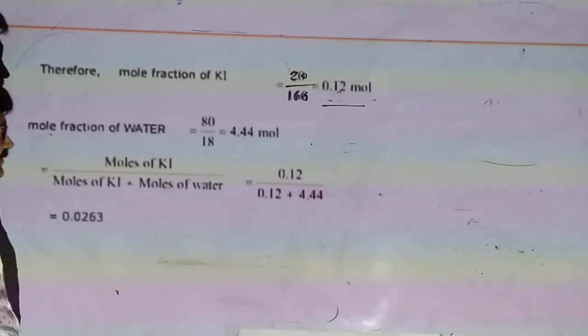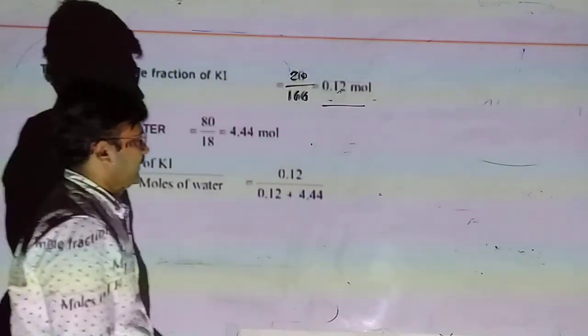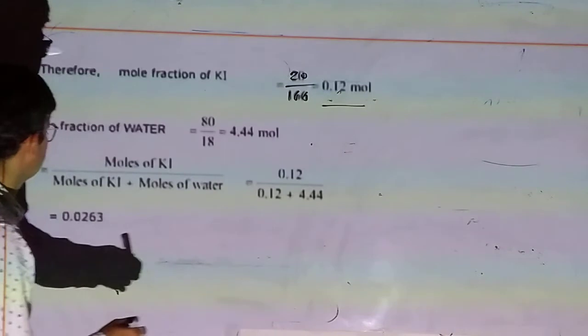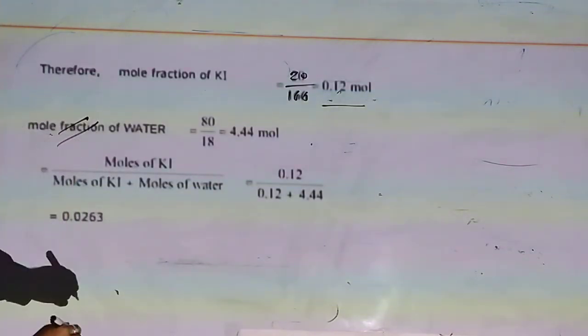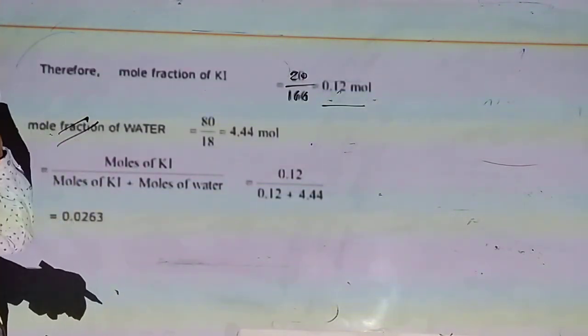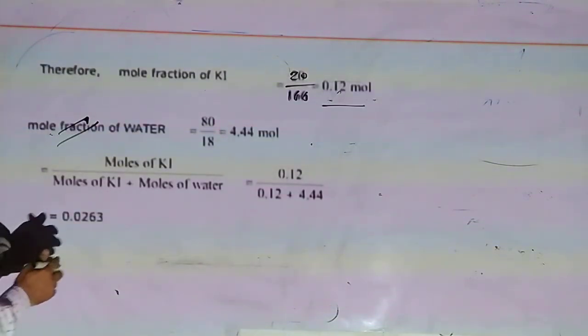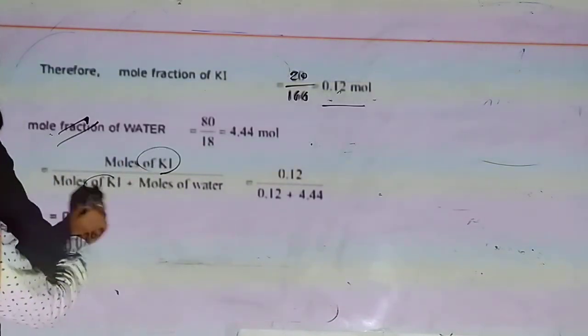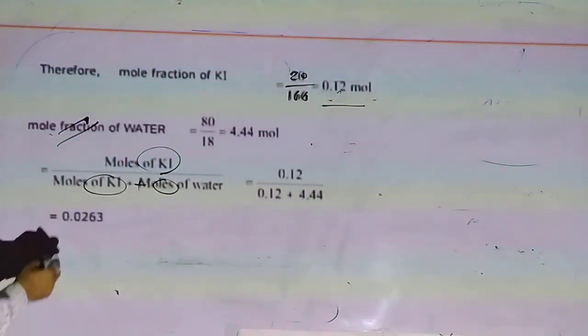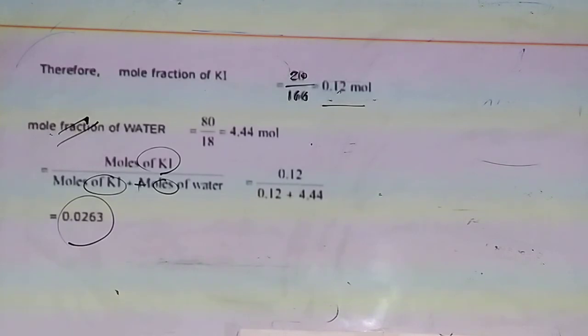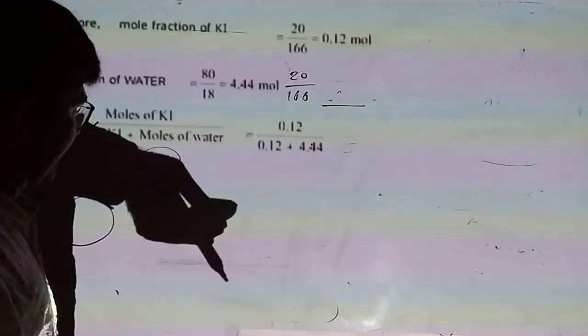Mole of water: 80 divided by 18, so 4.44. Mole fraction of KI is mole of KI upon total mole. So 0.0263 is the mole fraction of KI.